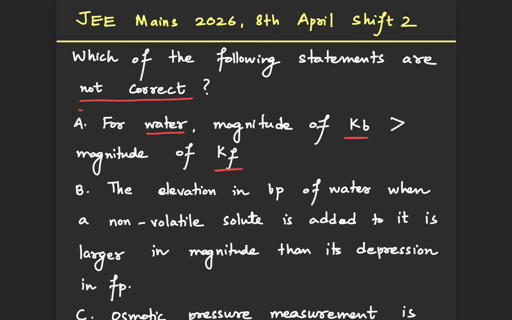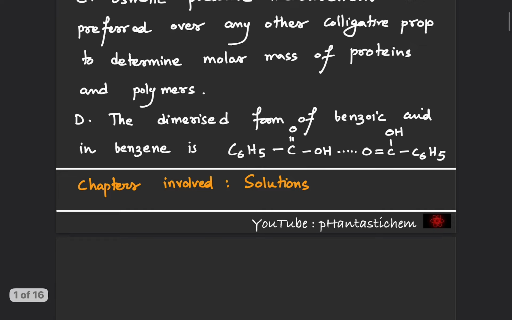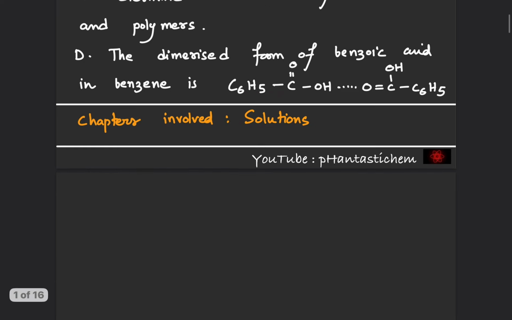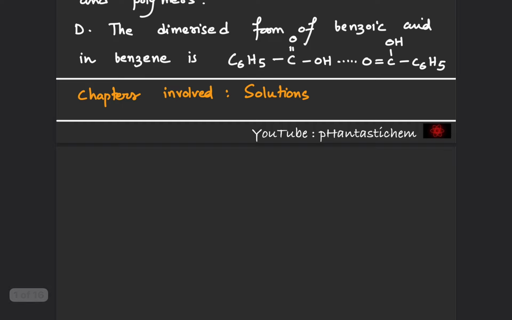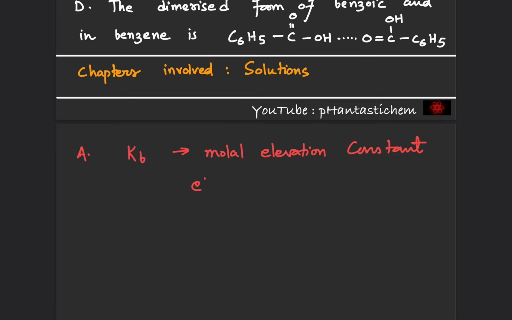So regarding statement A, the chapter involved is solutions. Kb is the molal elevation constant, also known as the ebullioscopic constant.